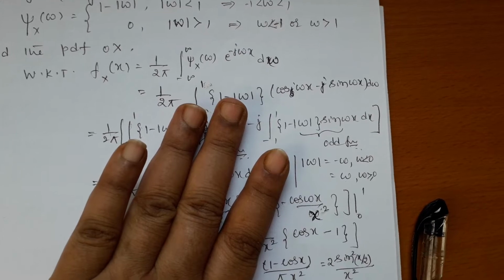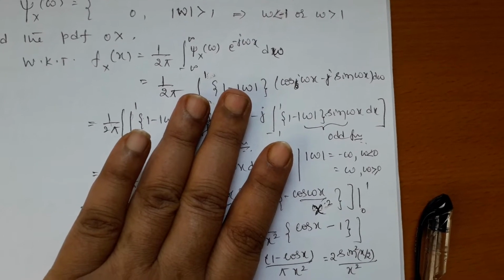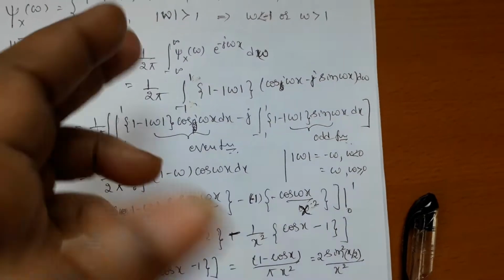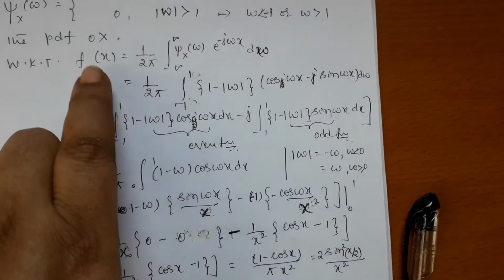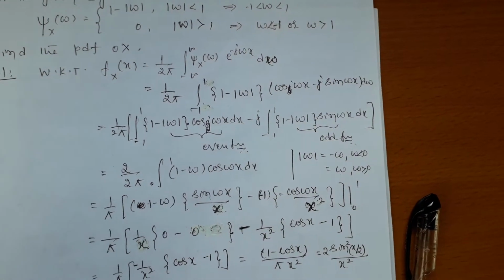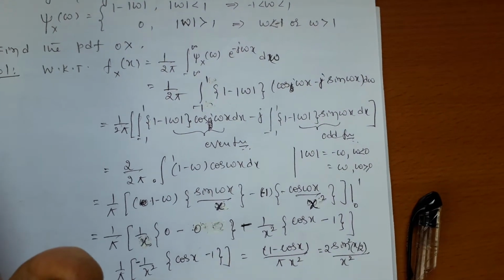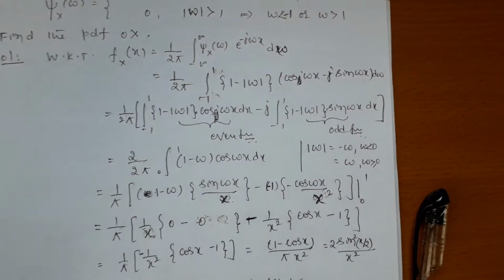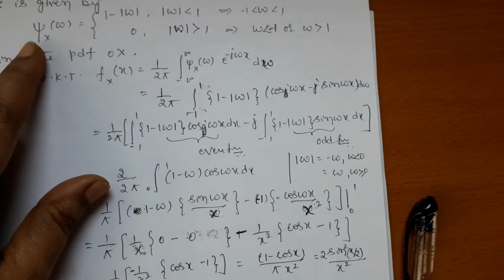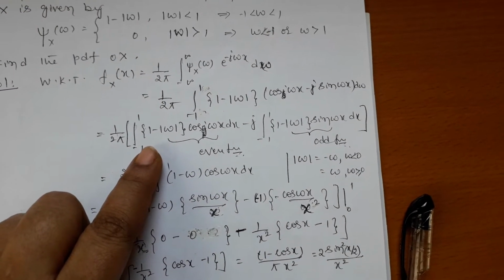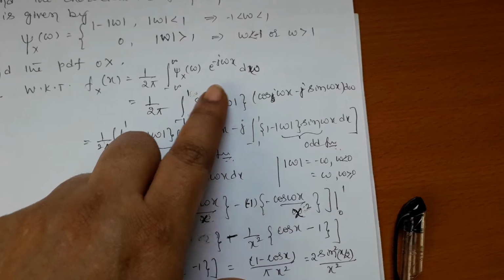The characteristic function formula is nothing but the Fourier transform formula. From the probability function, finding the characteristic function is the Fourier transform. From the given characteristic function, they are asking for the probability function, so we use the inverse Fourier transform formula.